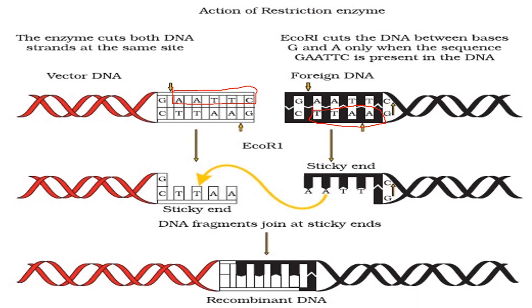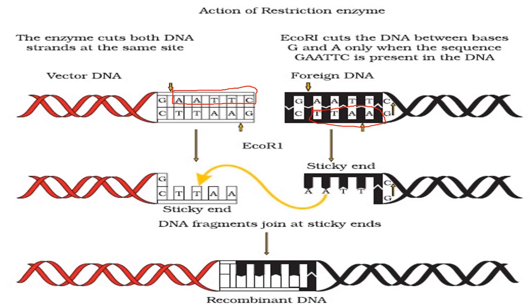As you can see here, these will ligate, meaning this part of DNA will fit here. So these two types of DNA, vector DNA and foreign DNA, will ligate together like this, and the DNA that will be formed due to that ligation will be called recombinant DNA.